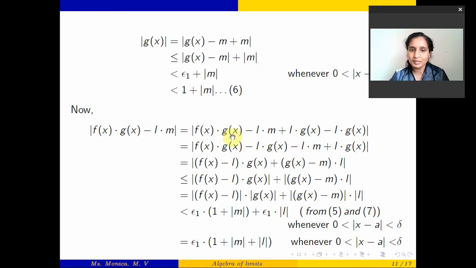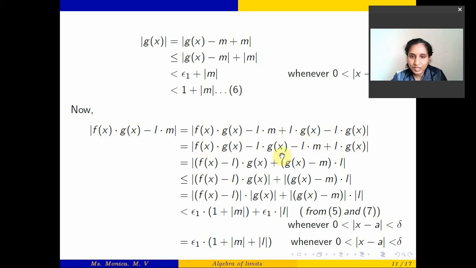Now the first term is f of x into g of x. I will group this with some common thing I should have. So I will group this with minus L into g of x, because we know the quantity f of x minus L. So the negative one I will take with the first term. So minus L into g of x I will take it with the first term, minus L into M plus L into g of x.